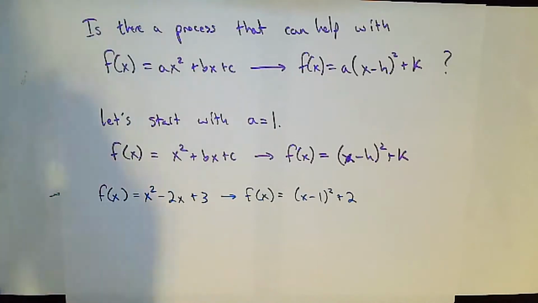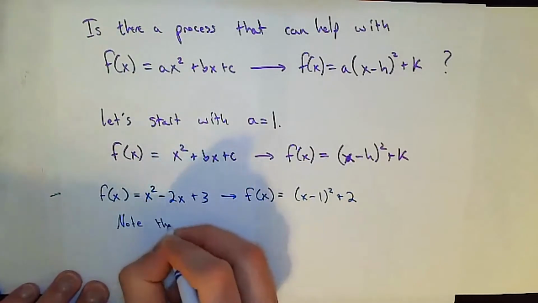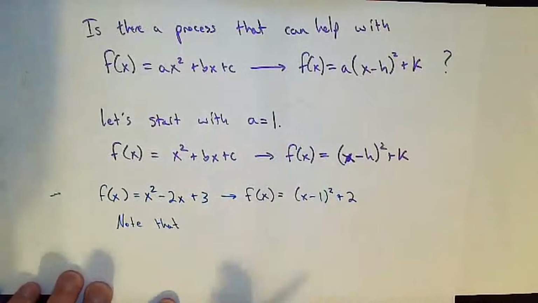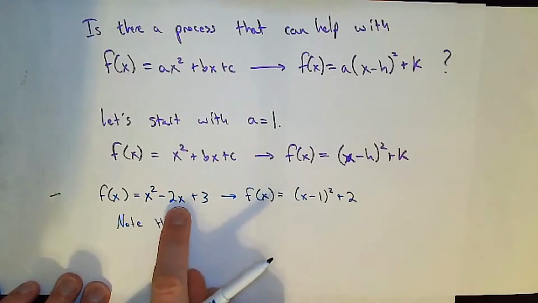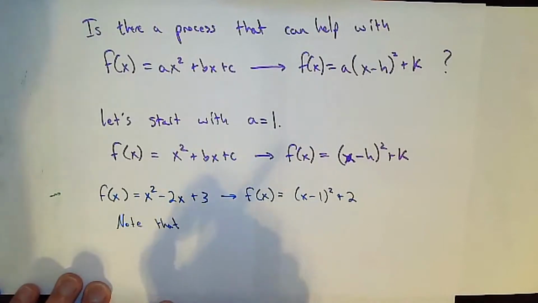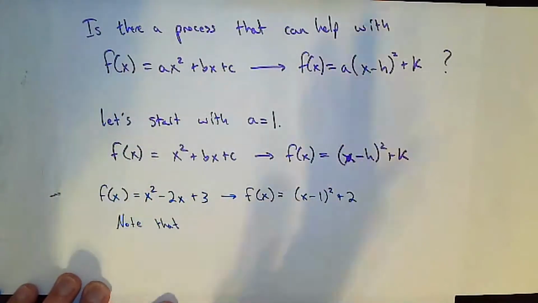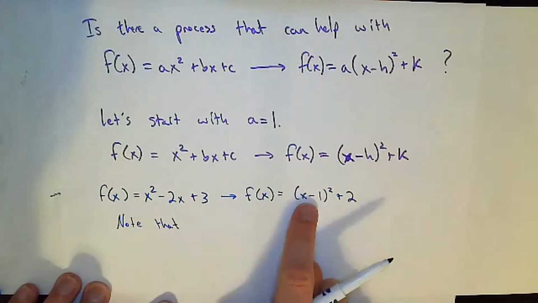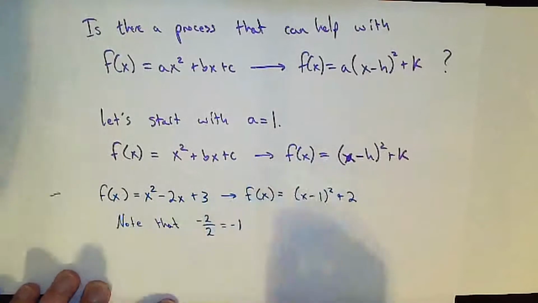So let's see what we did. Can we deconstruct this? Let's make a note here. How did we find the -1? One of the things I pointed out was to take this term in half. I said, what do you double to get a -2? You double a -1, right? So note that -2 over 2 is equal to -1.